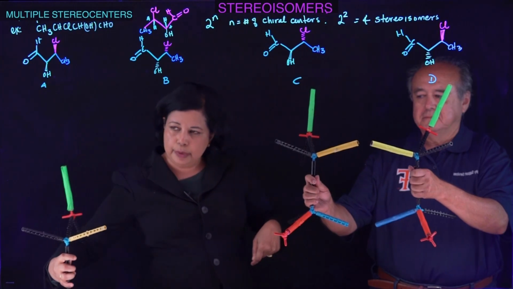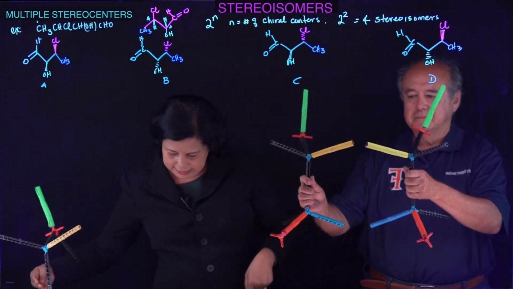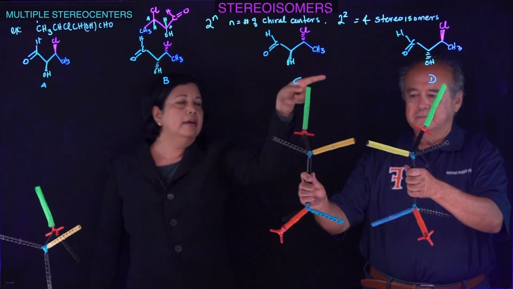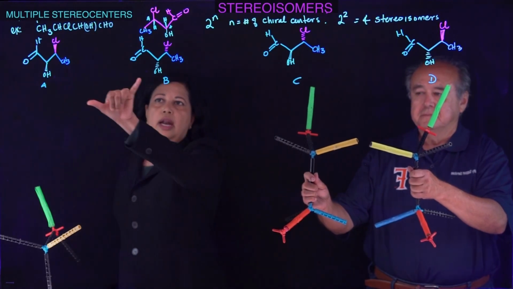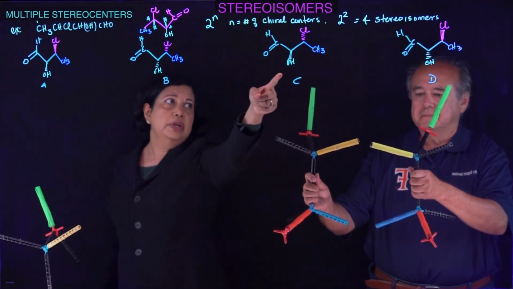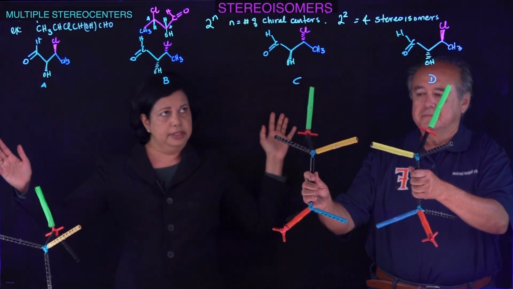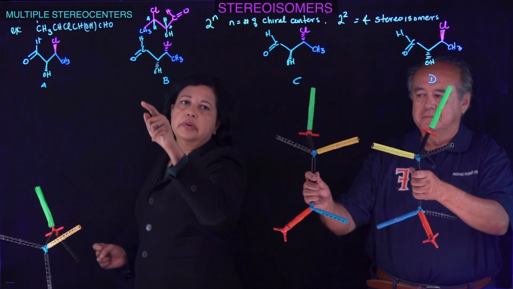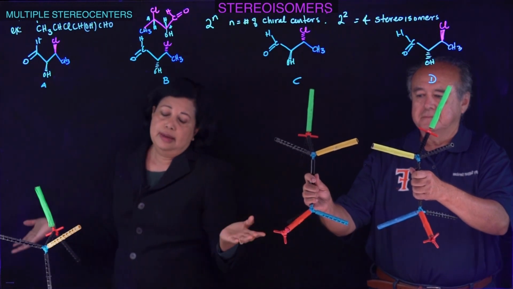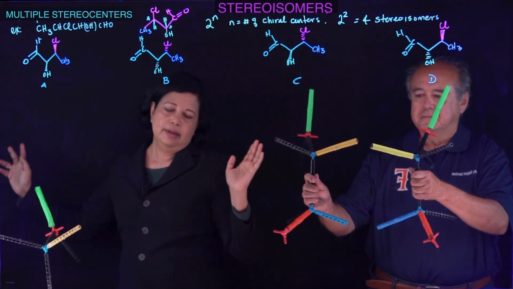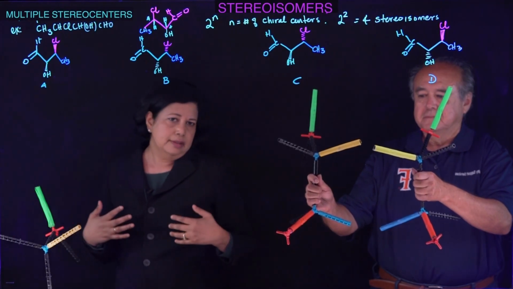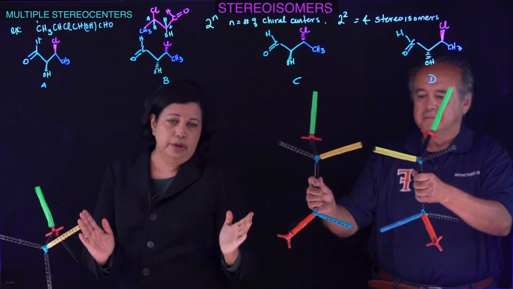Okay, so therefore A and C and A and D are diastereomers. So if you're not a mirror image and you're a stereoisomer, you are then a diastereomer. So you can have multiple diastereomers, but you can only have one mirror image. Just like when you are in the mirror, you can only have one reflection of you, right? You can't have different reflections doing different things. So when everything's opposite, then you're a mirror image.